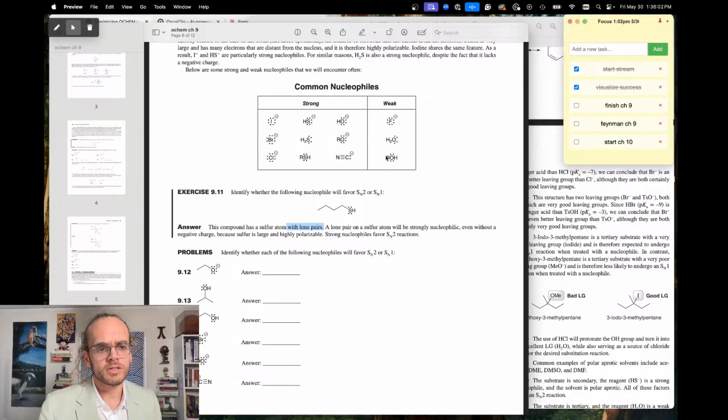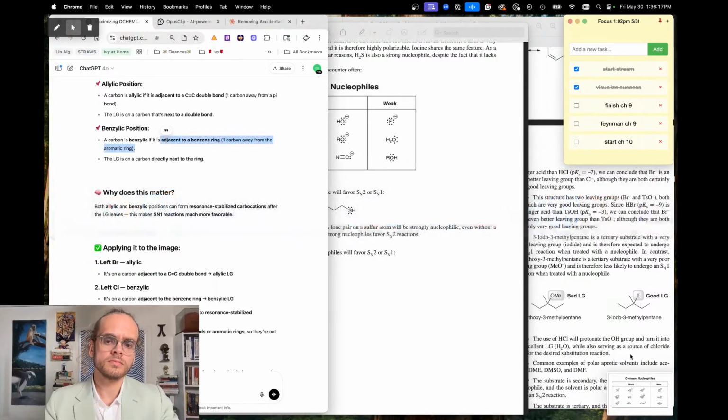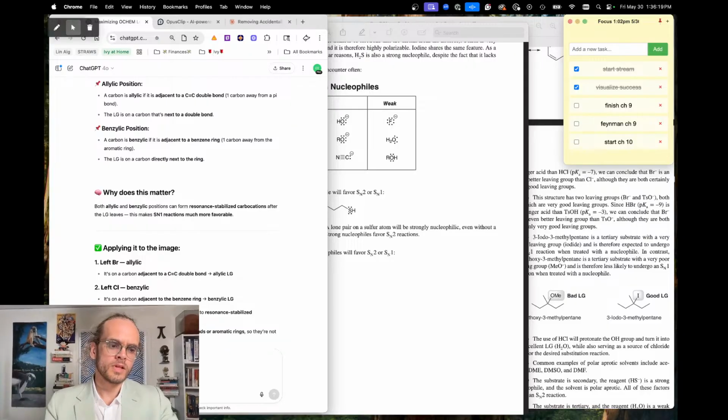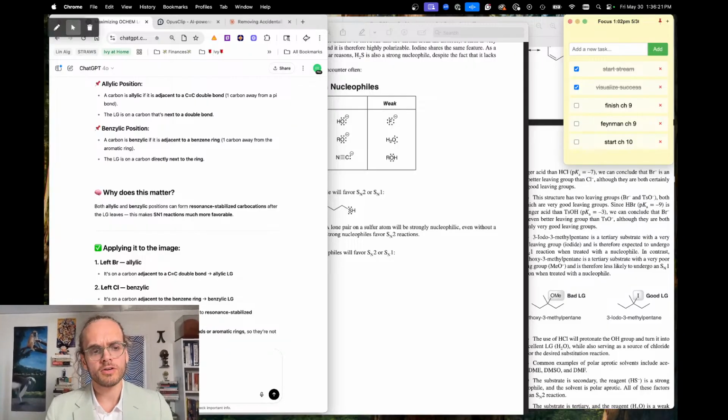Why is fluorine a weak nucleophile, for instance? I would think that would be strong. Explain why some of these are strong nucleophiles and why some are weak nucleophiles.